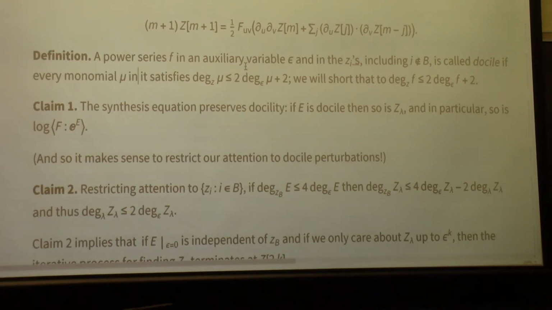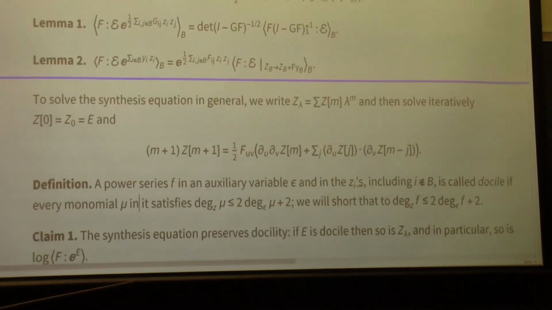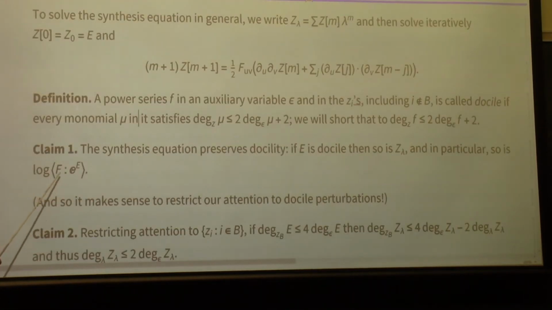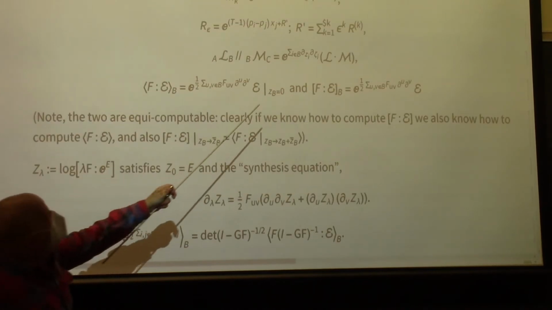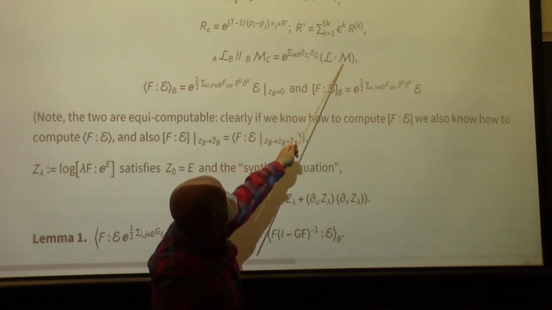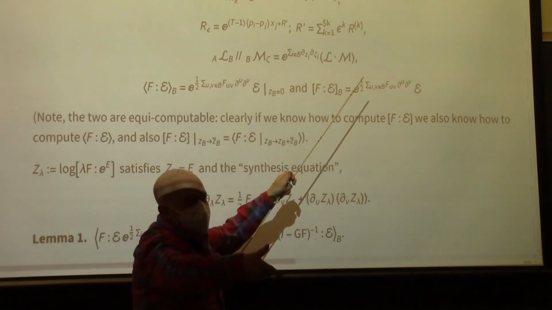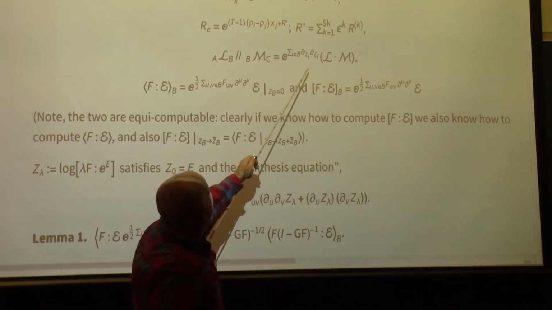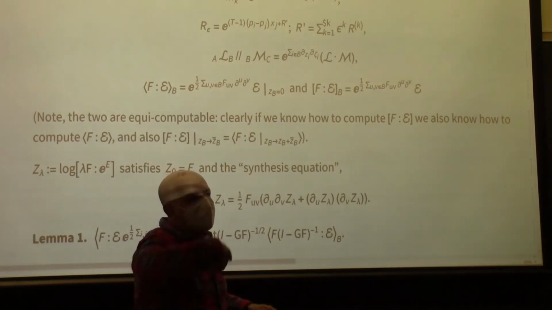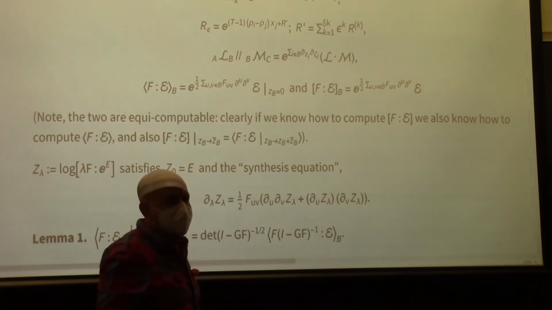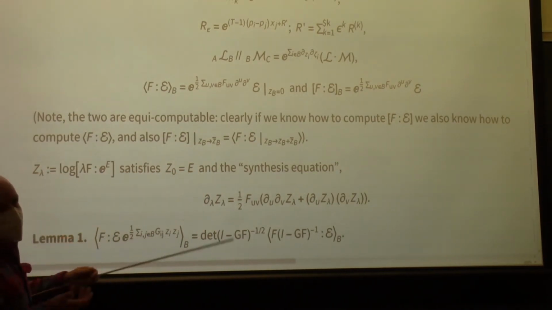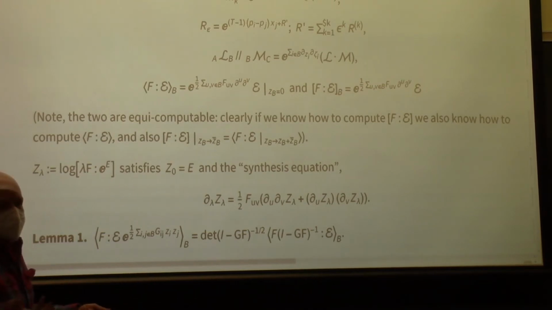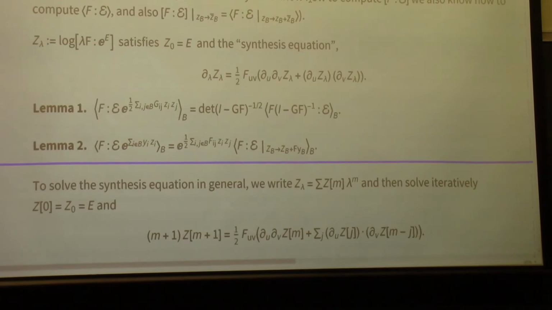So, in other words, you see, this is how composition is defined. So basically, if L and M are the exponentials of docile series, then their composition will again be the exponential of a docile series, and therefore finitely manageable. Okay?